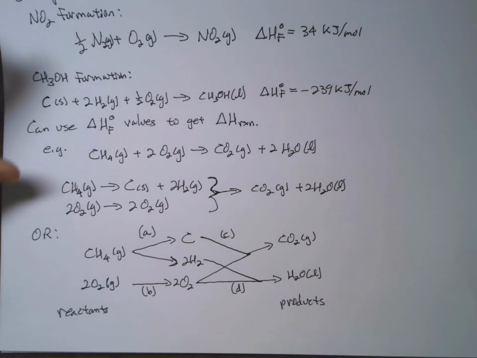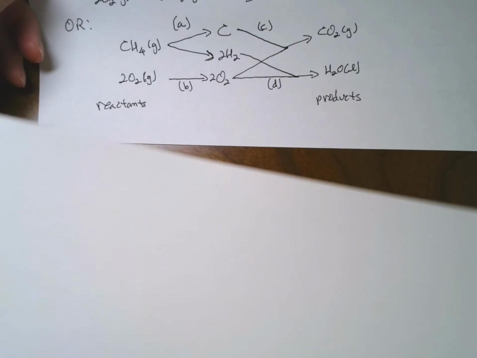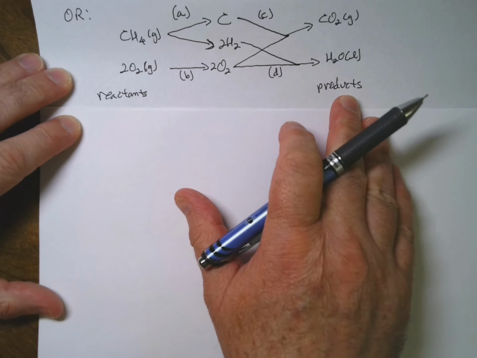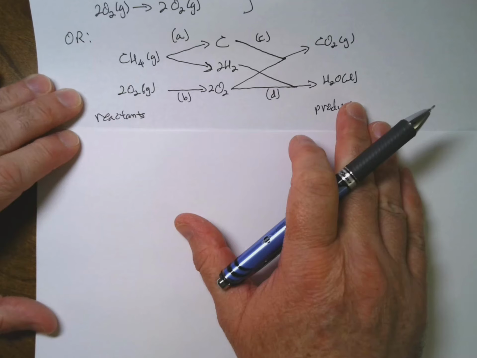So let's look at these individual reactions then. We'll do the calculation. Maybe I'll keep this here for right now so we can see this. Get that in frame. There we go.